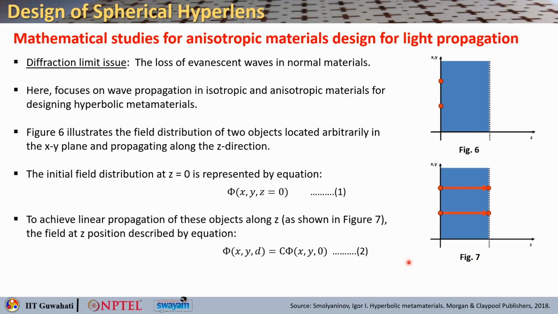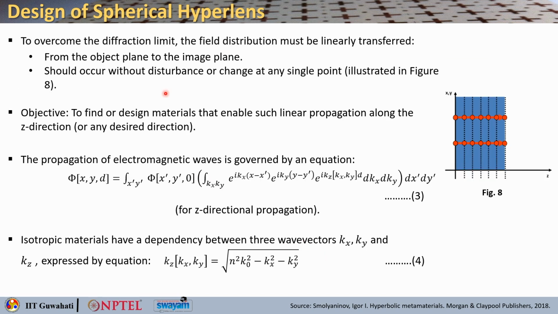Now, to achieve linear propagation of these objects along z, the field at any z position, so z equals d, can be written as phi(x,y,d) equals c times phi(x,y,0), right. To overcome the diffraction limit, the field distribution must be linearly transferred.